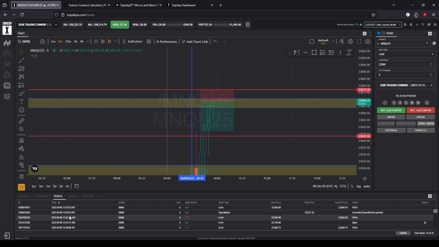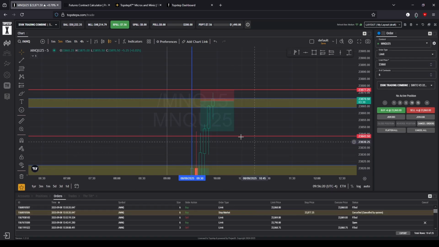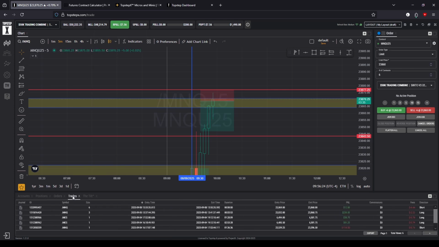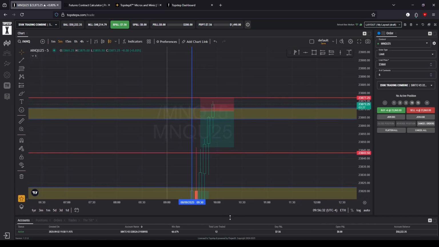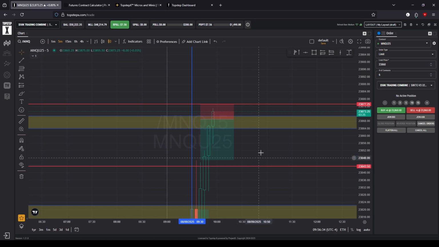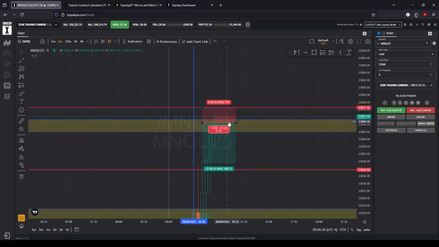I got filled. And then stop market. Okay, this is strange. So it closed me out for $12 for some reason. Okay, well, that might have saved me.